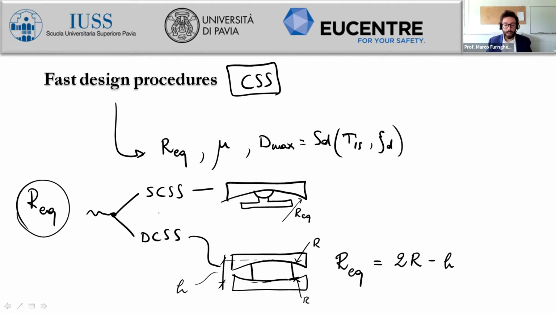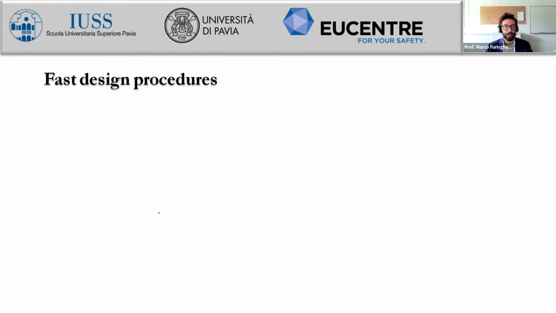Finally, there are the last two pieces of information for this typology of isolator, which is again the curved surface slider. You see that we have 4 steps for the definition of mechanical properties, but a lot of issues to consider to come up with the final geometrical configuration.